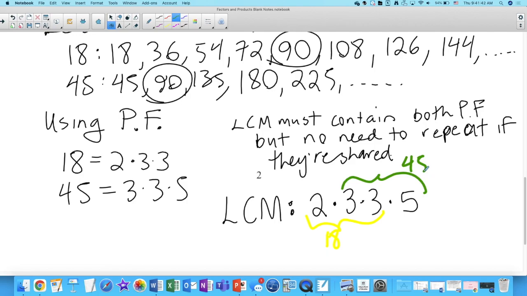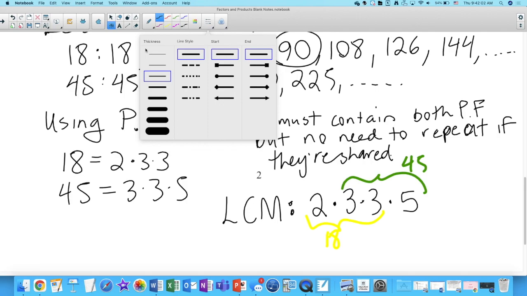Kind of? Okay. And then, of course, I would expect that you would evaluate that. What is the value of 2 times 3 times 3 times 5? We already know, because we figured it out this way, that it would be 90. Okay? Question so far?